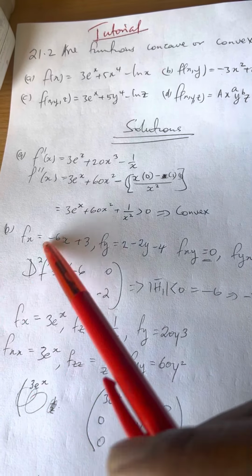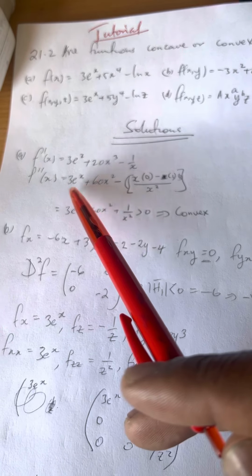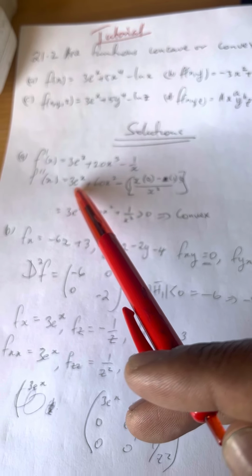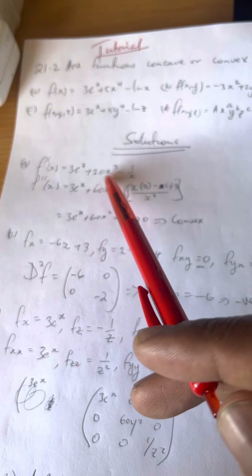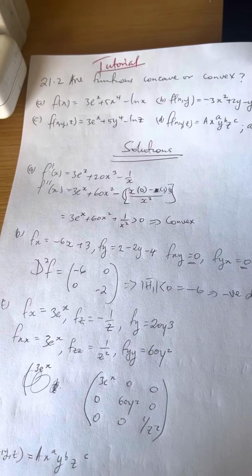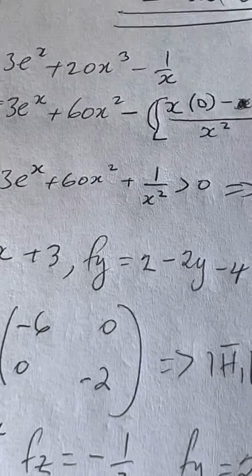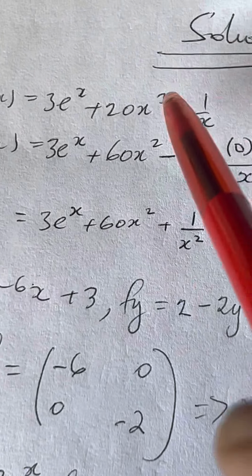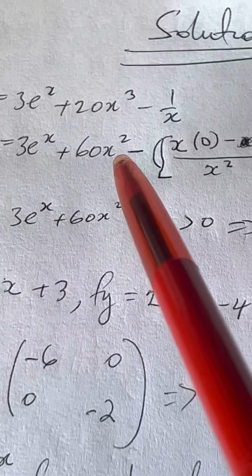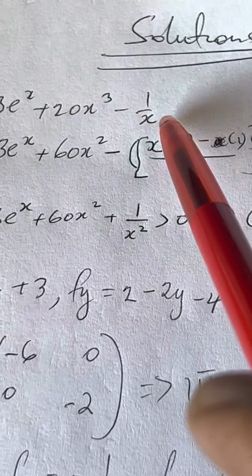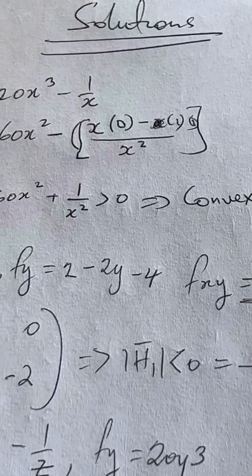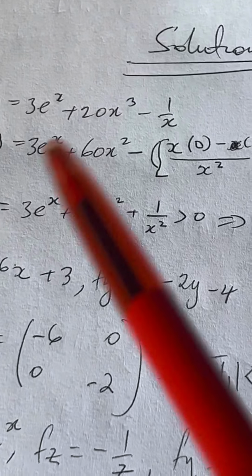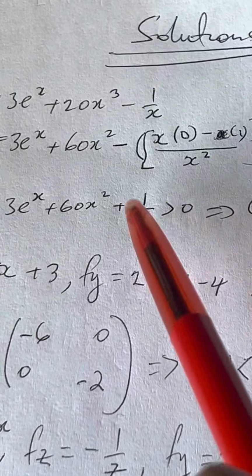That's the first derivative. The second derivative is given by this, whereby this term remains the same, it remains constant. And then take the derivative of this term right here, you get 60x squared minus. For the derivative of this one, I used the quotient rule, and that gives you 1 over x squared.